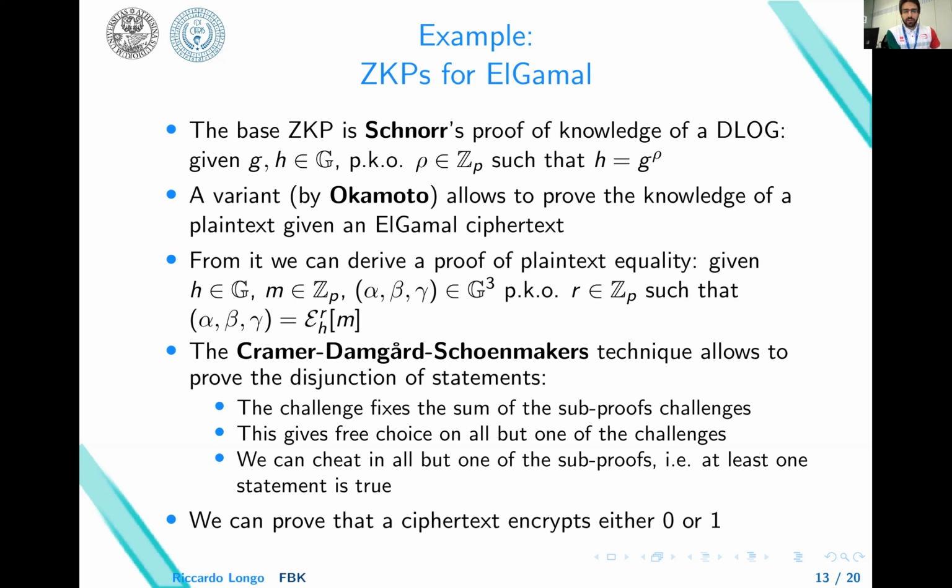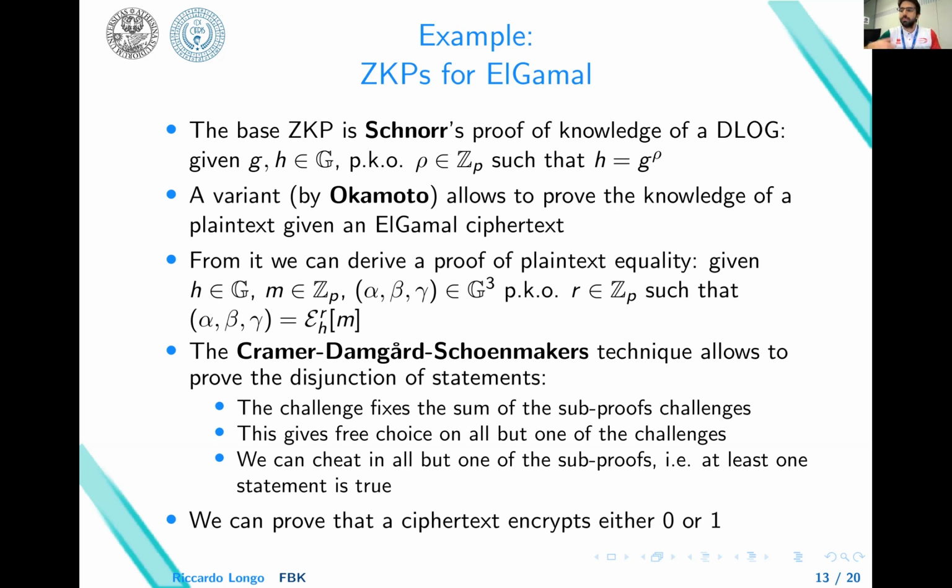The basic idea of their trick is that normally you have a challenge for the zero-knowledge proof that is fixed. You cannot see it in advance, and if it is indeed unpredictable, then you have the soundness of the protocol.